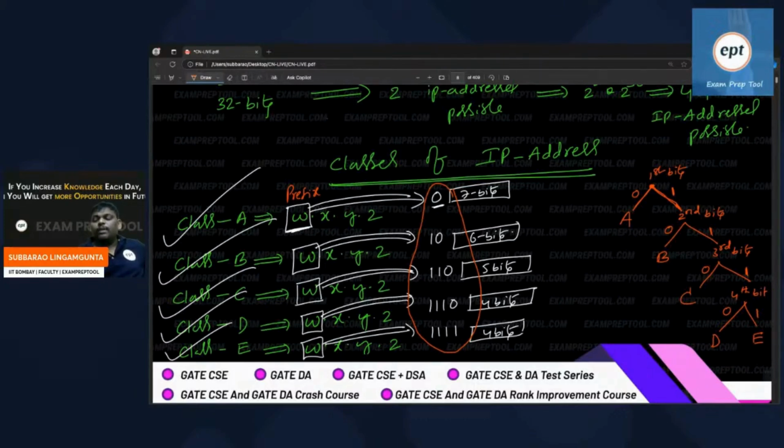If the first bit is 0, A. If the first bit is 1, then you have to see the second bit. If the second bit is 0, then class B. If the second bit is 1, then you have to see the third bit. Remember, the ending part should be 0, then you can conclude. If the bit is 1, continue.